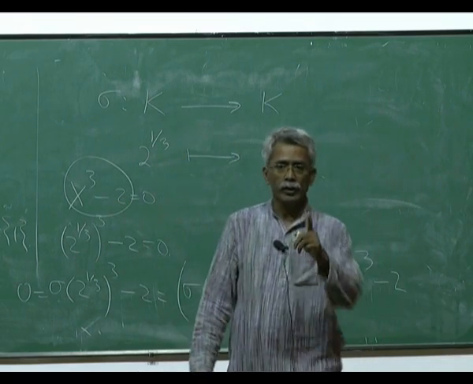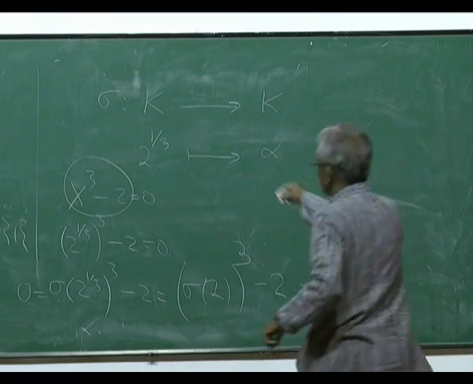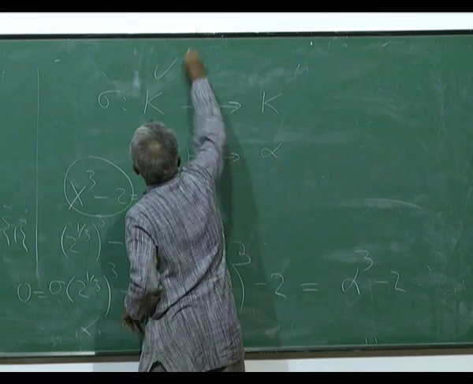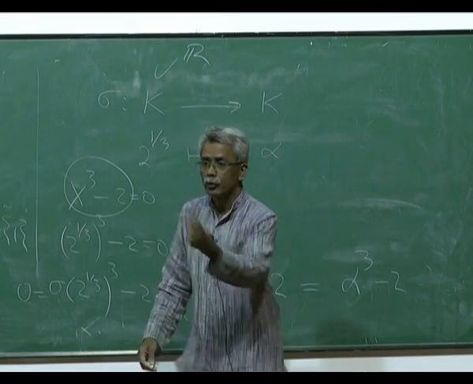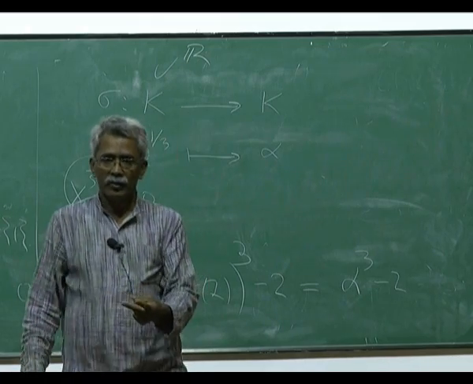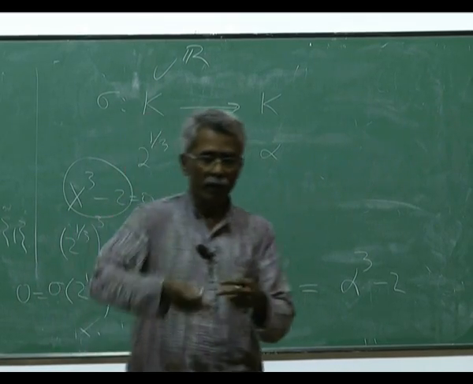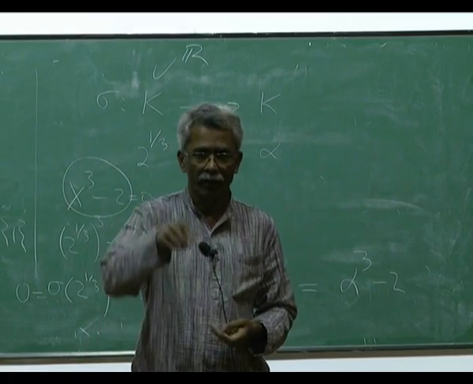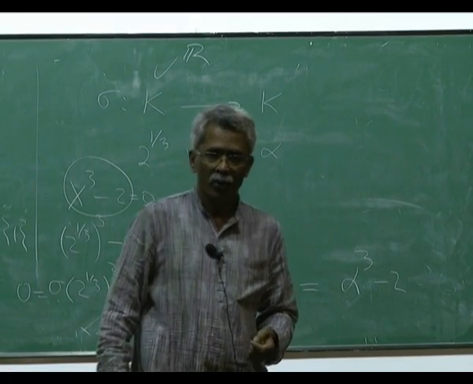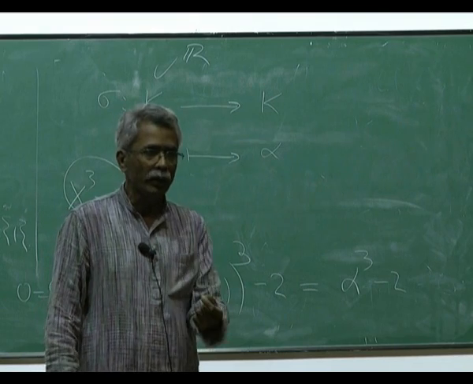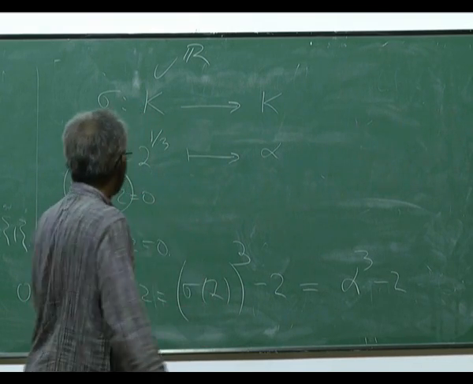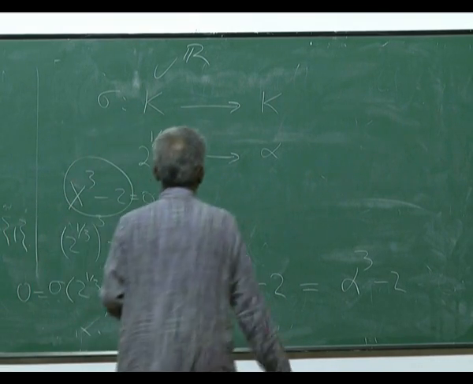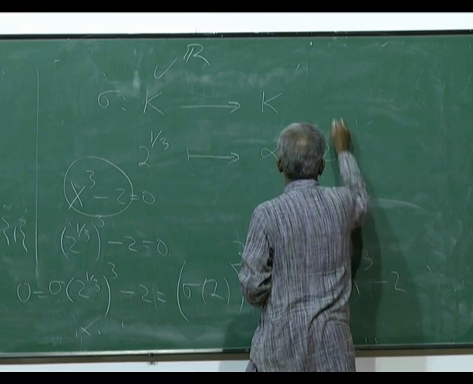There is only one real root, mind you, this was contained in R. We saw that the other two roots are in the complex numbers, the imaginary parts are not equal to 0. We already wrote down all the roots. So, there is only one real root, and that is 2 power 1 by 3. So, alpha has to be equal to 2 power 1 by 3.